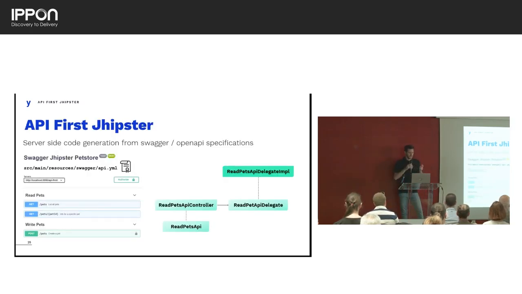So, API First JHipster, I won't get into the details. I strongly suggest you go to JHipster Conf 2018 and see Christoph's presentation, which explains it very well. You just need to know that API First JHipster, how many of you are familiar with this and are using this? Okay, not so many. You're basically putting this definition file in your resources, and it's an option you can enable when generating a JHipster project.